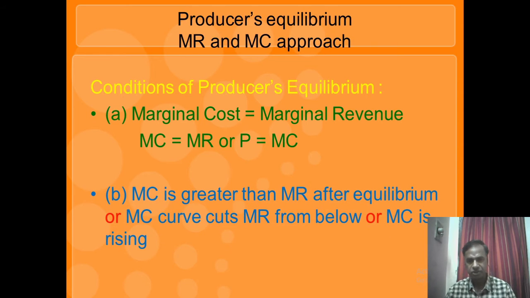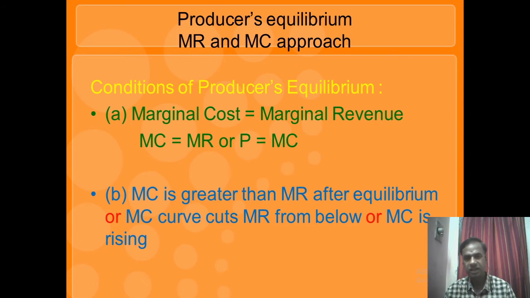The second condition: MC is greater than MR after equilibrium. After equilibrium means after MR is equal to MC, MC is greater than MR. Or the MC curve cuts MR from below.